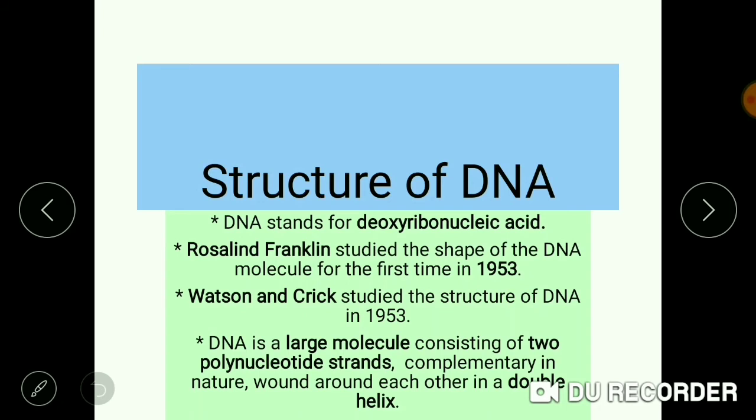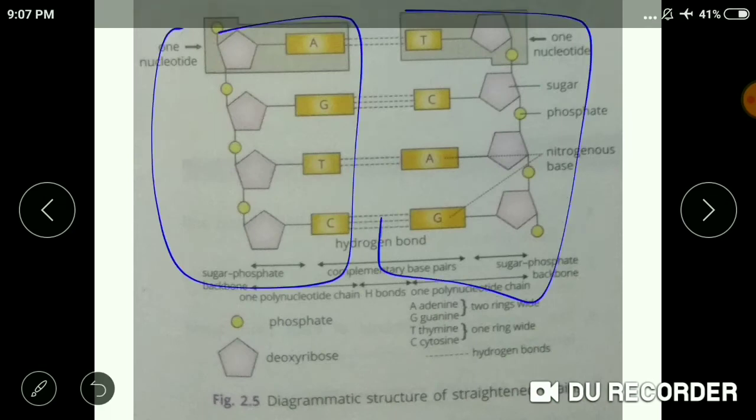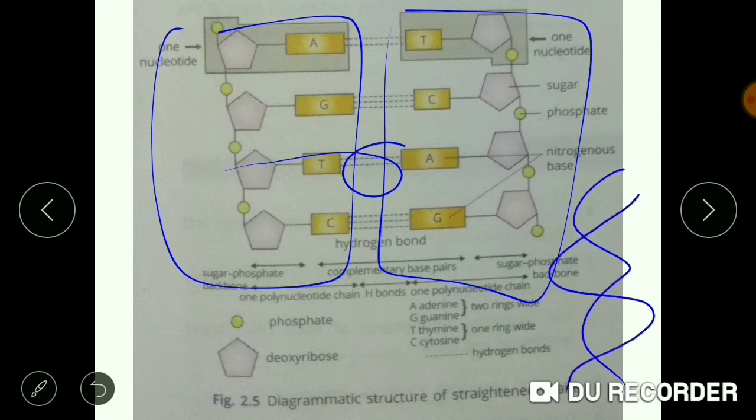DNA is a large molecule consisting of two polynucleotide strands. So just see, these are the two polynucleotide strands which are complementary in nature, as well as held together by hydrogen bonds, and they lie in a helical manner. They always form a helix. This is known as a helix. This is a structure which appears in a 3D view.